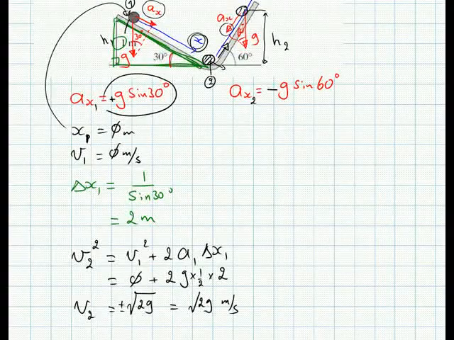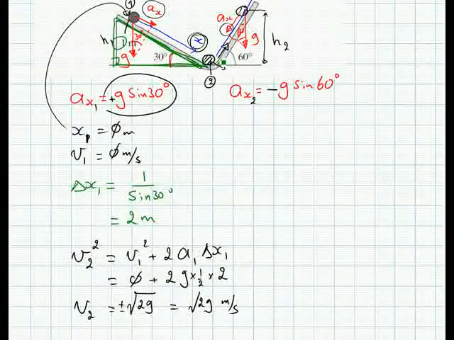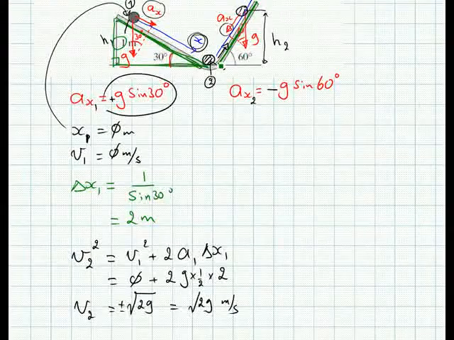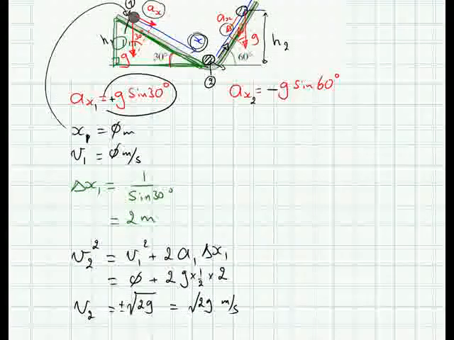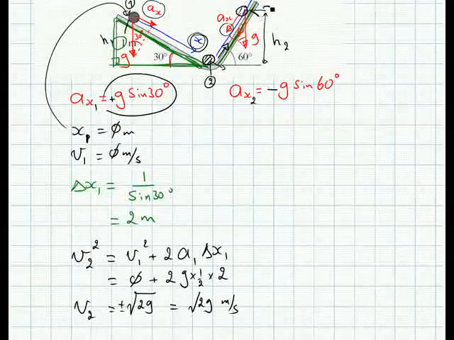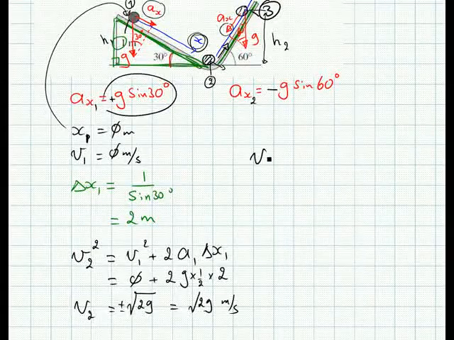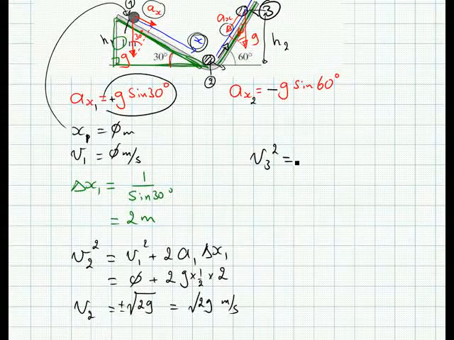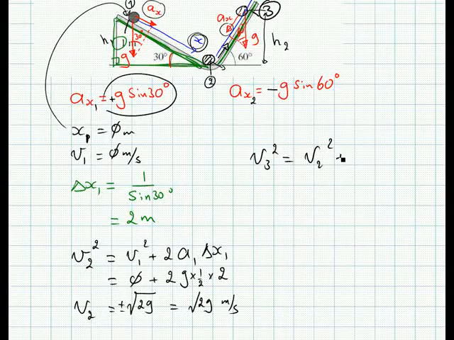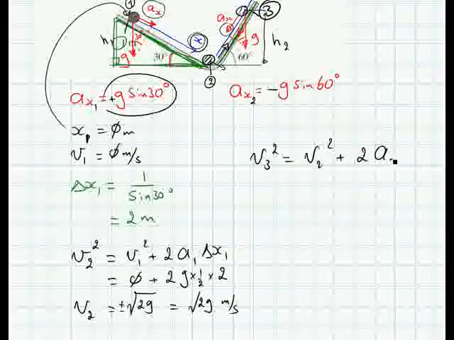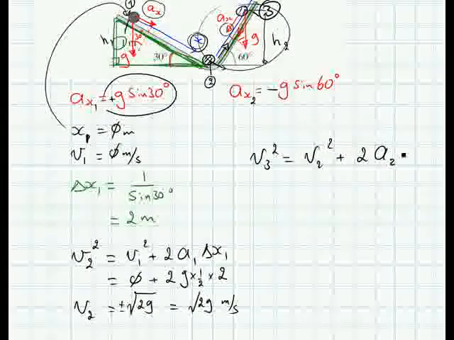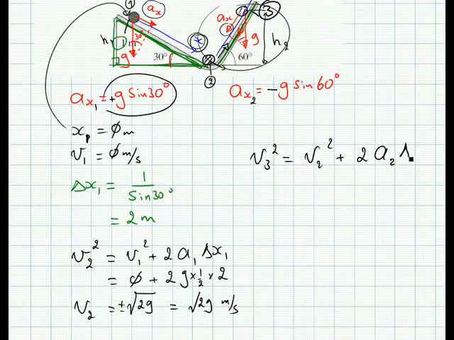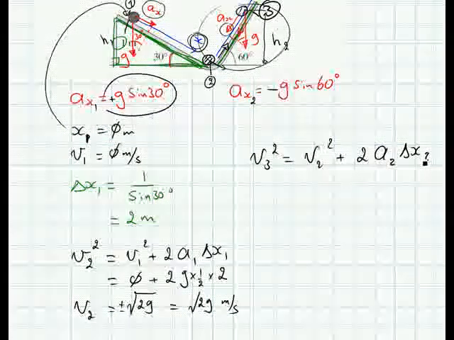So now let us see if we can figure out the displacement that the object will go through on the up ramp. Once again, let's call this position 3 at the top of the ramp. v3 squared is equal to v2 squared plus twice acceleration a2, because now we care about the acceleration in this area, times the displacement delta x2, the displacement up the ramp.